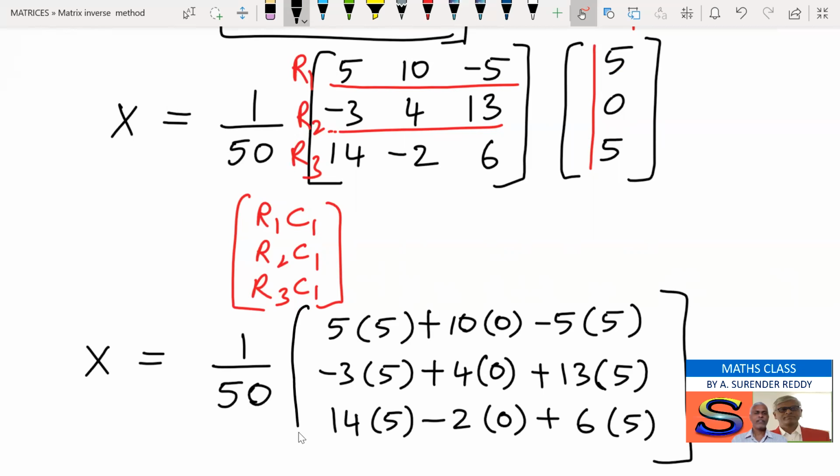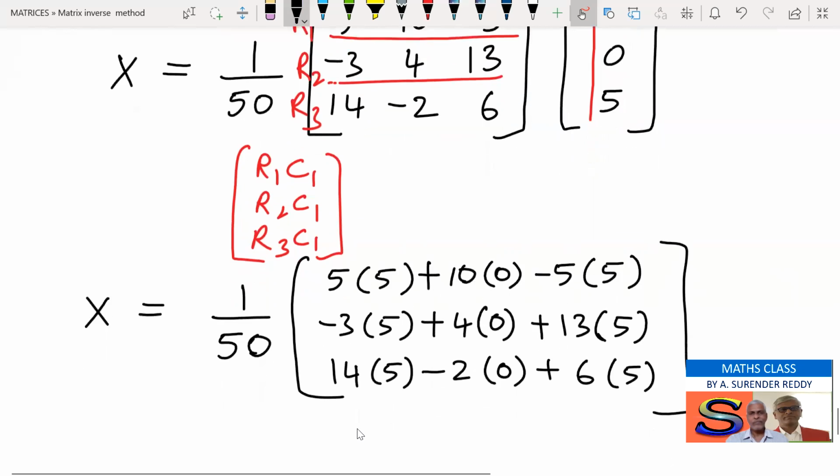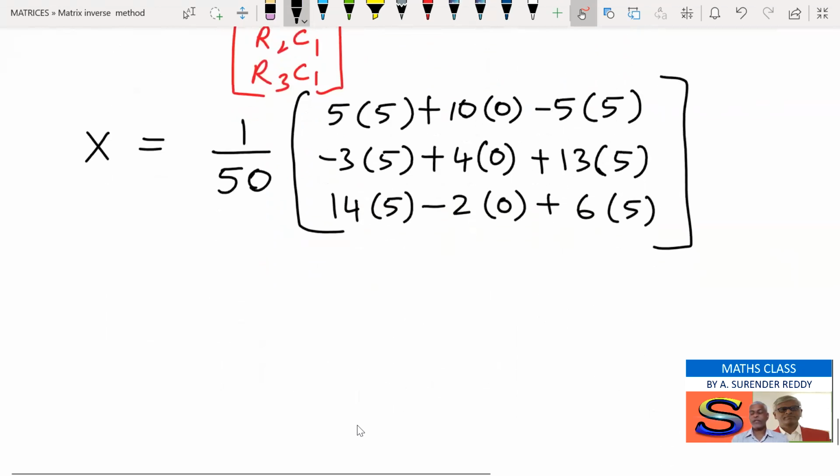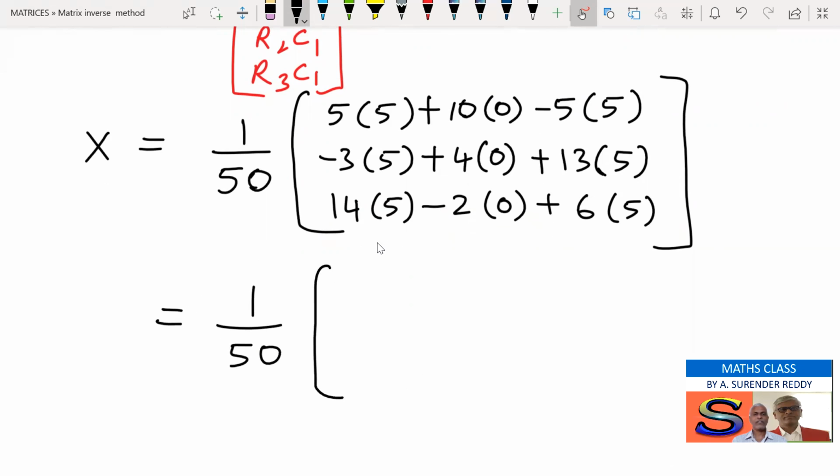So very simple, only 1 column is there. So this is multiplying the 3 rows with the first column. Simplify. Keep 1 by 50 as it is up to the last step.